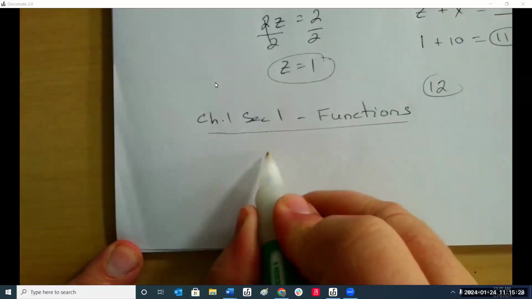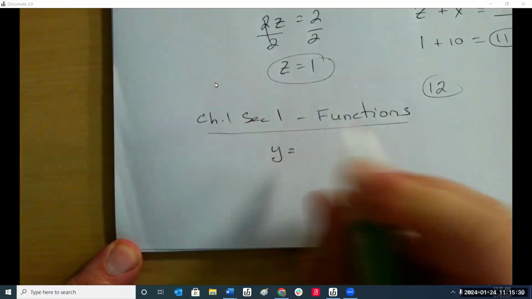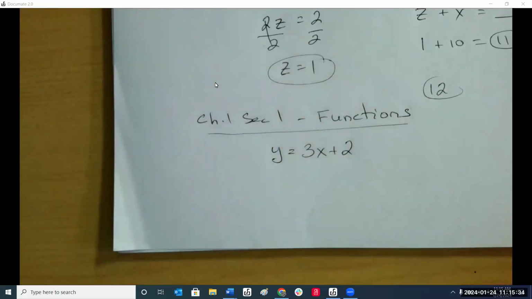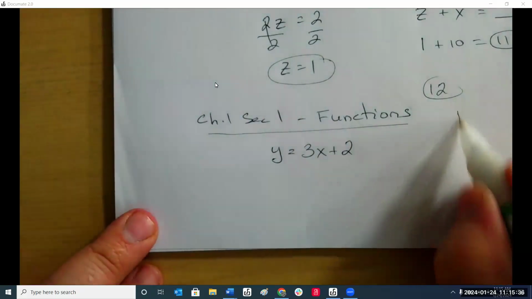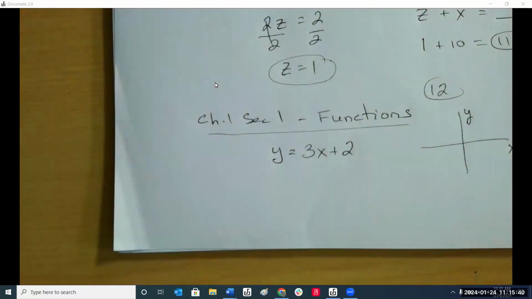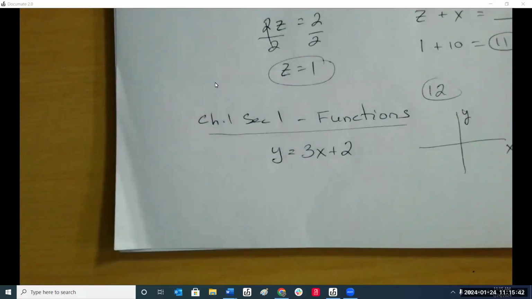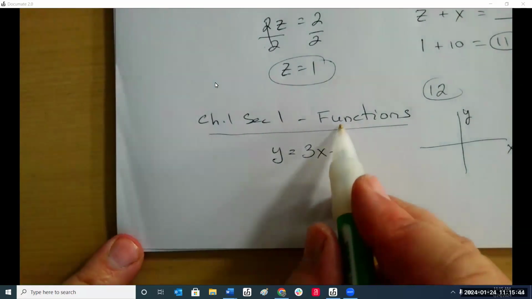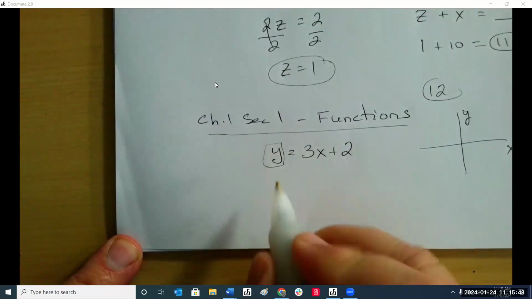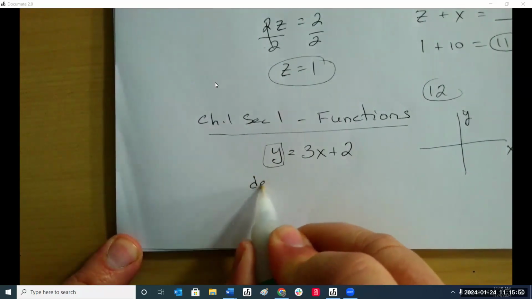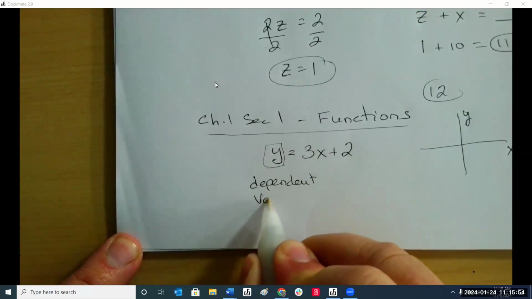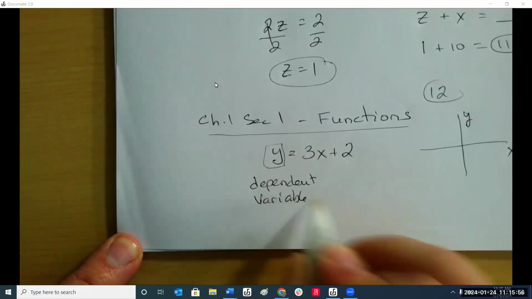A function, well, we're used to seeing equations like this. If we were to graph this, the x-axis is here, the y-axis is there. The thing with this is y is our dependent variable.